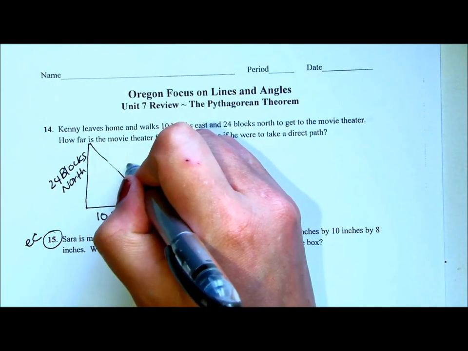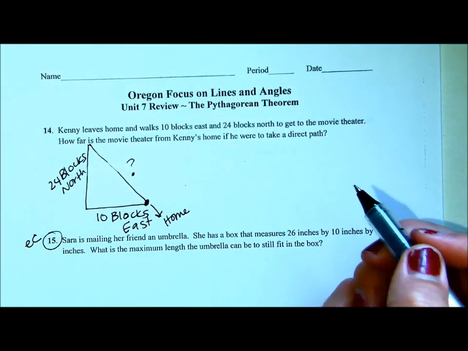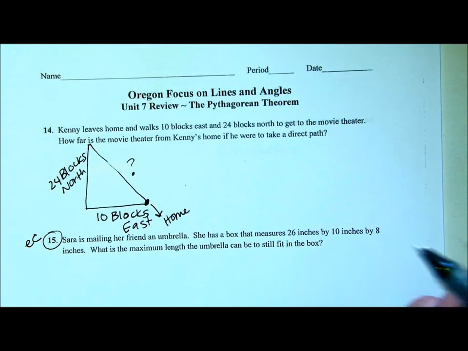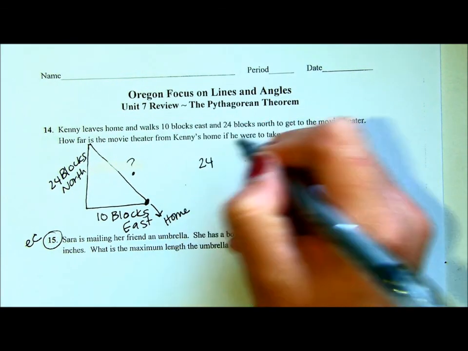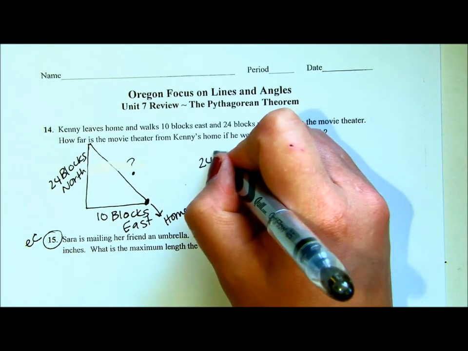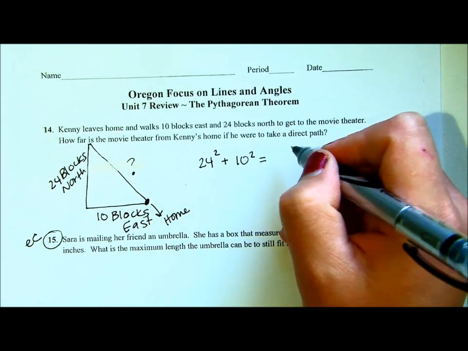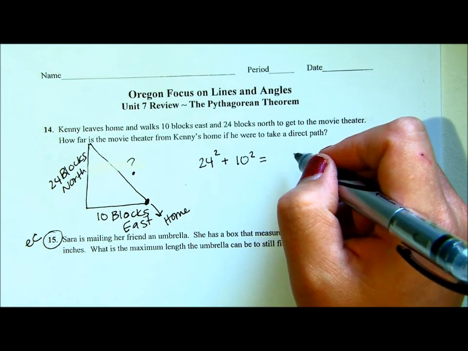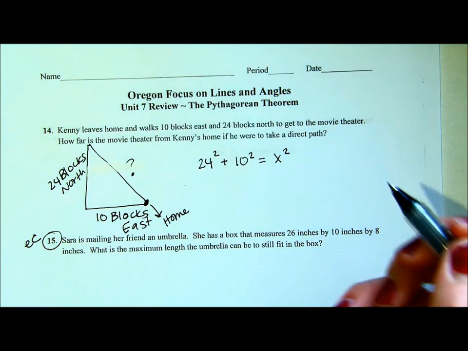So, looking at this, we have our right triangle once again. We have 10, we have 24, we have an unknown. Let's use Pythagorean Theorem. So, 24 I'm going to put down as my A. 10 I'm going to put down as my B. The distance directly from Kenny's home to the movie theater is my unknown. 24 squared is 576.